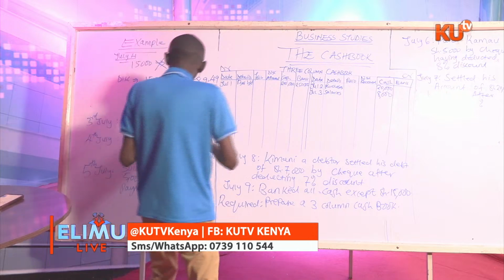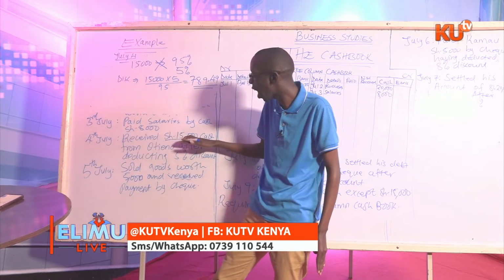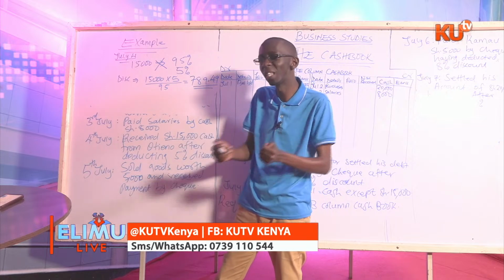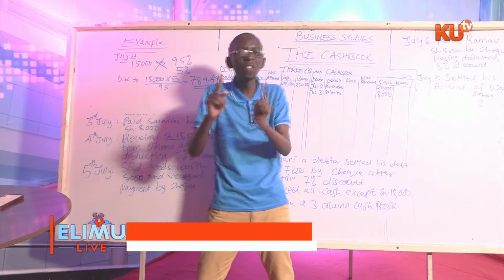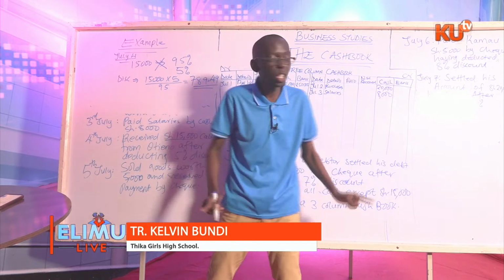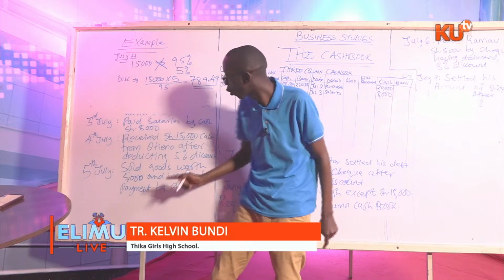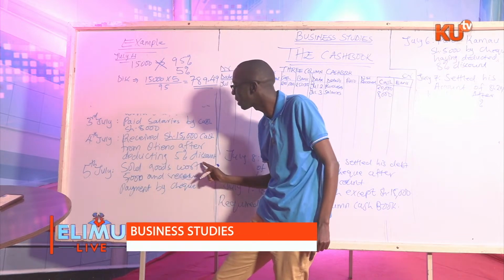I want to repeat that statement because this is what confuses students. Received 15,000. Received what? 15,000. So what are you going to record on the receipt side? 15,000. Cash from Otieno. Which column? Cash. From who? Otieno. After deducting 5% discount.